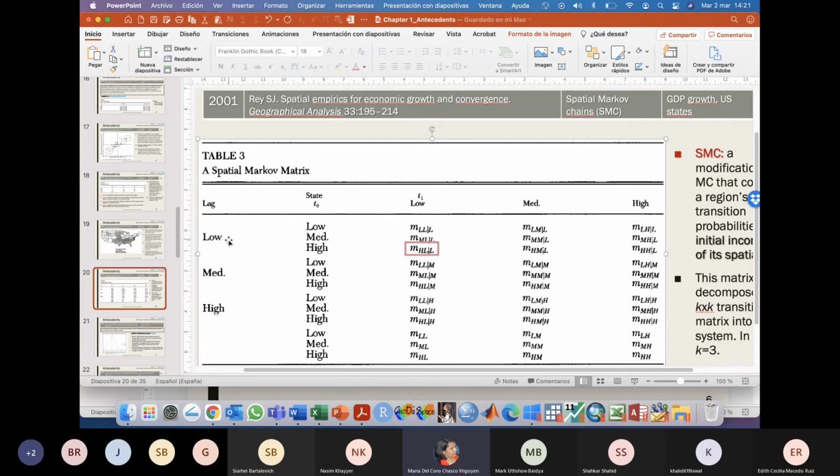Here, the regions that had lower income level neighbors: the ones that departed in low and ended up in low, the probability of starting in low and ending up in medium, etc. It is very interesting looking at the results, because these three Markov chains are conditioned on the income levels of the neighbors.